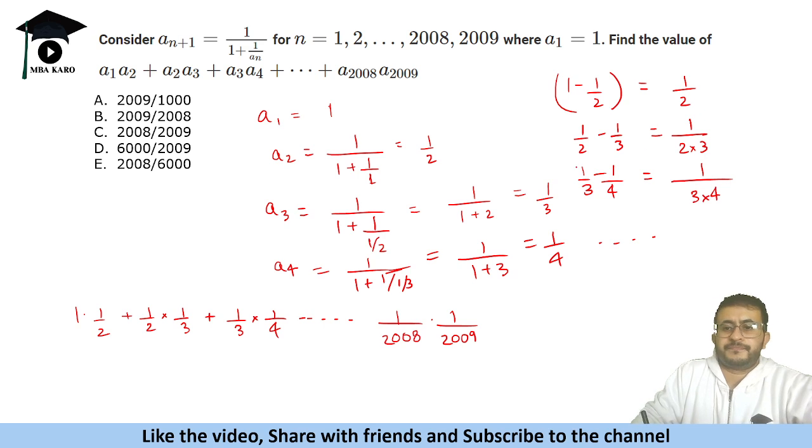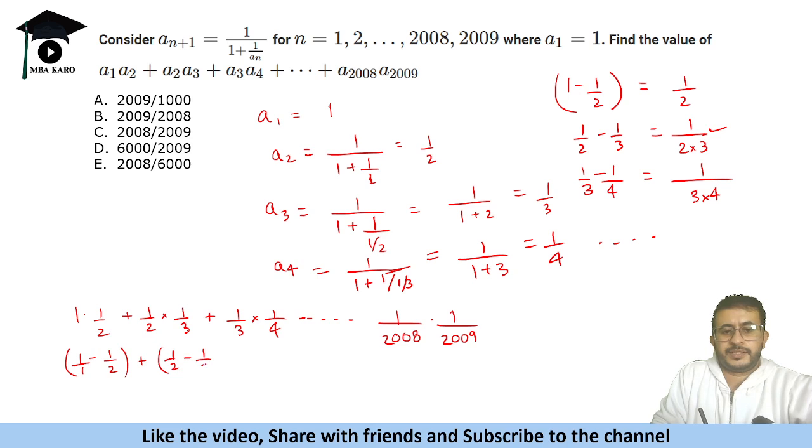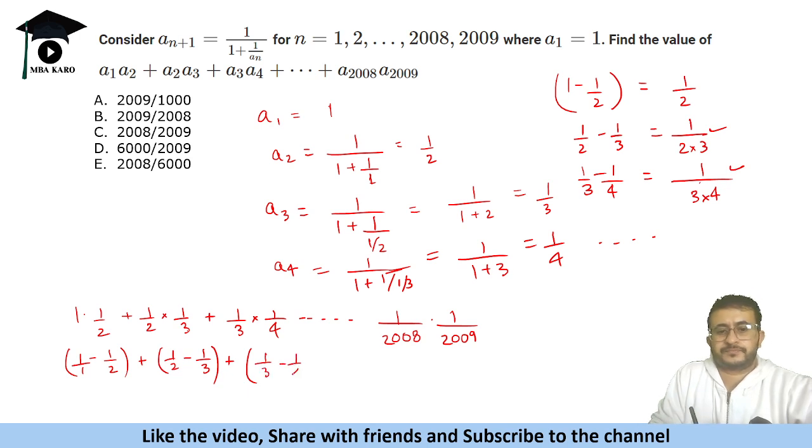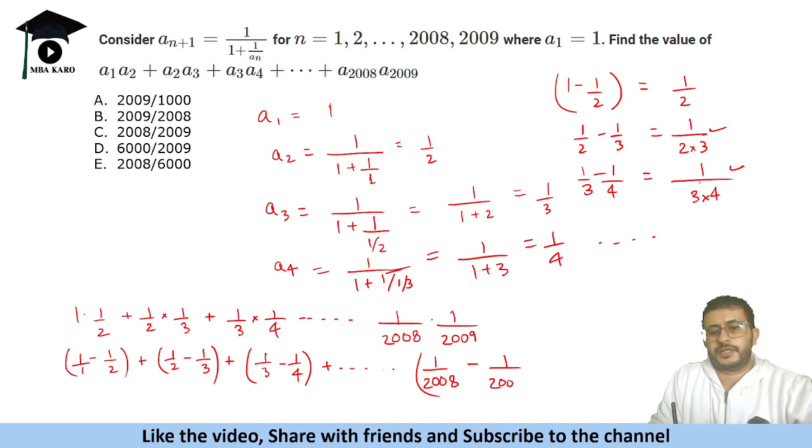So basically, 1 into 1 by 2 is 1 minus 1 by 2, plus 1 upon 2 into 1 upon 3 is 1 by 2 minus 1 by 3, plus this term is 1 upon 3 minus 1 upon 4, and so on it will go on till 1 upon 2008 minus 1 upon 2009.